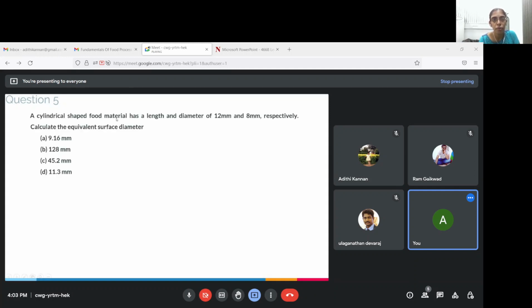A cylindrical shaped food material has a length and diameter of 12 millimeter and 8 millimeter respectively. Calculate the equivalent surface diameter. So do you remember what is the surface diameter? What is the definition of a surface diameter? We discussed this in the first slide.